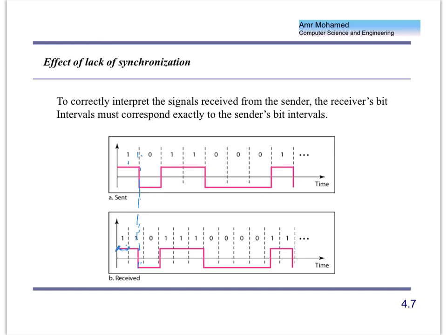At the receiver side, the receiver will now say, okay, this is one bit, and this is another bit. So what is this bit? Well, the voltage level is above 0, so it's a 1. So what is the second bit? I don't know. Why not 0?